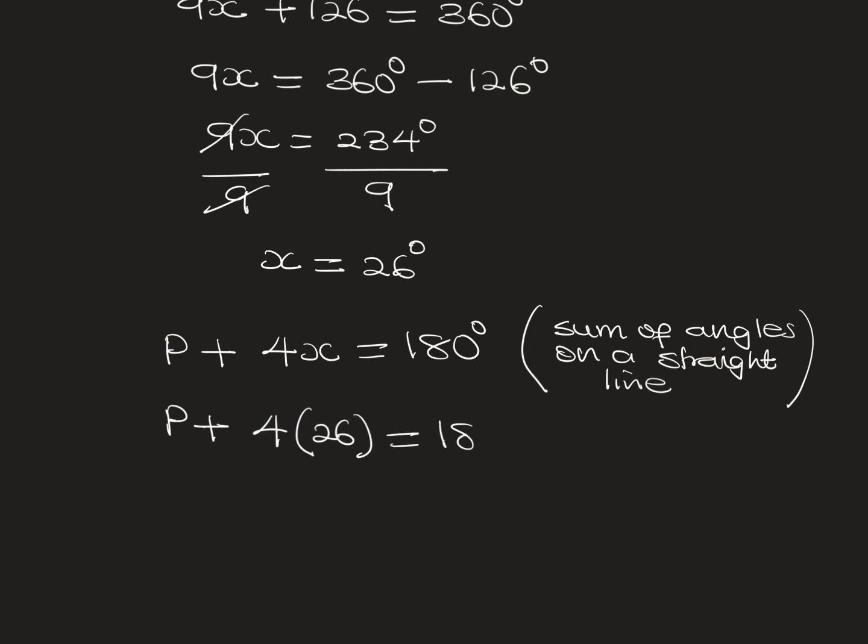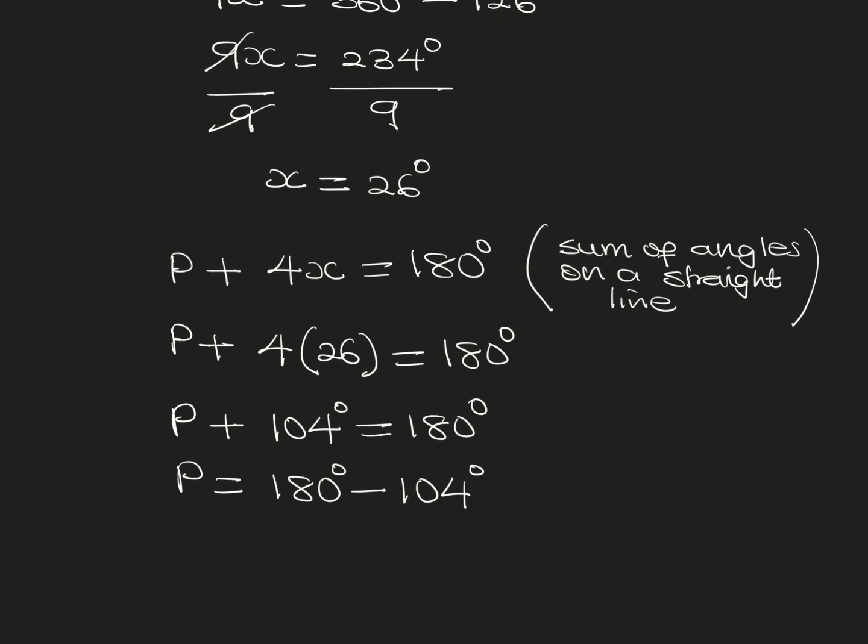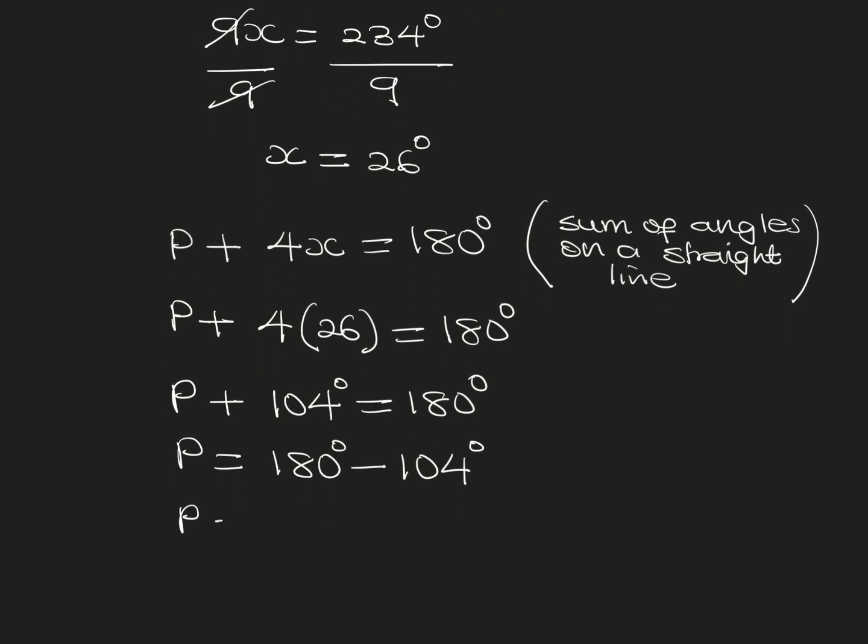This is equal to 180 degrees. So that will be P plus 4 times 26, which is 104. This is equal to 180 degrees. So P is equal to 180 minus 104. Okay, so P is equal to 76 degrees. All right.